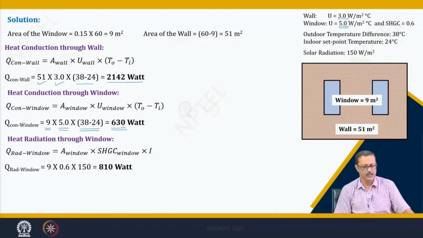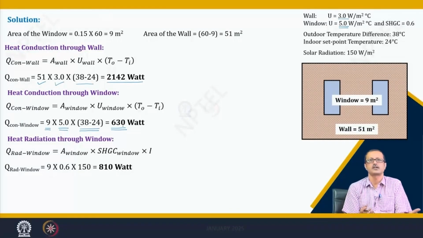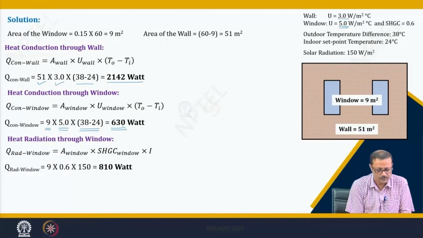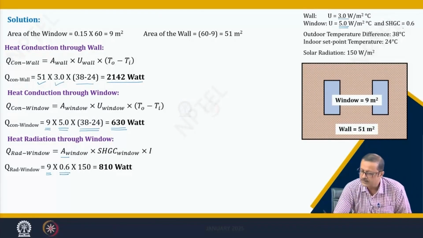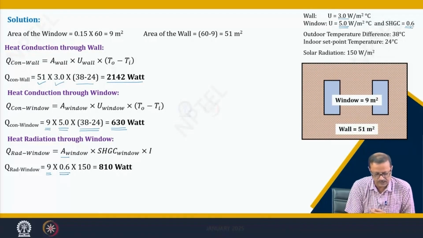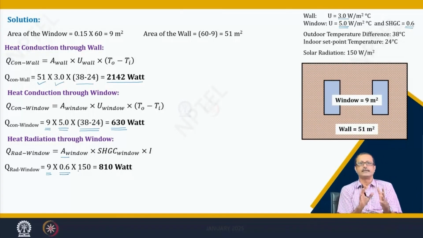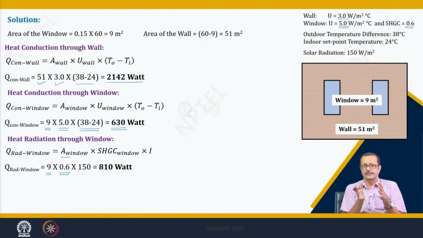And then the last one, the other part of the window, the radiation part of the window, where this new equation I have to place. The area of the window is 9, SHGC of the window is 0.6. You see the SHGC 0.6 has been taken here, and there is no question of del T. Instead of the del T, the outdoor temperature is the nature given.